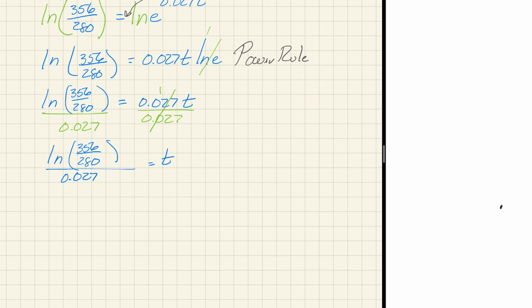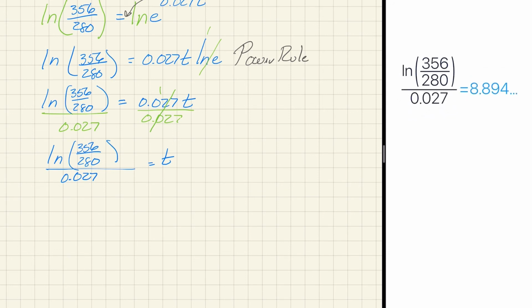Okay, so we have the natural log of 356 over 280, right? And then we're going to divide that by 0.027.